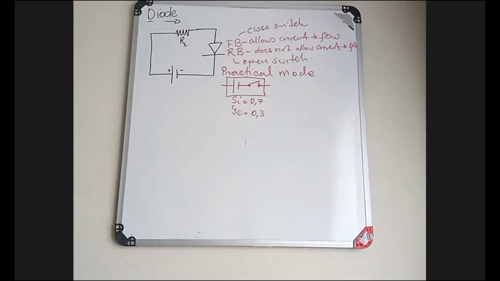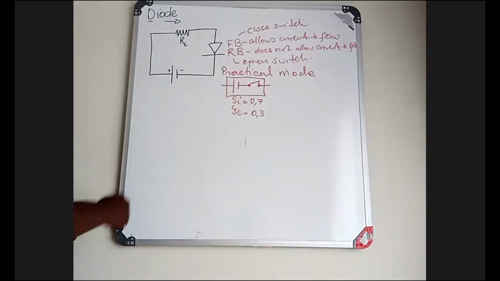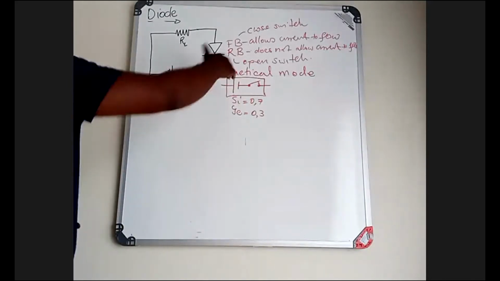Those are the two states in which you will work with this component in an electrical circuit connection. But how does it get to a state whereby this voltage, or barrier potential, is established within this component?